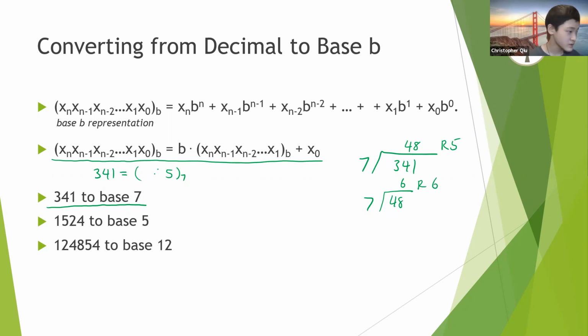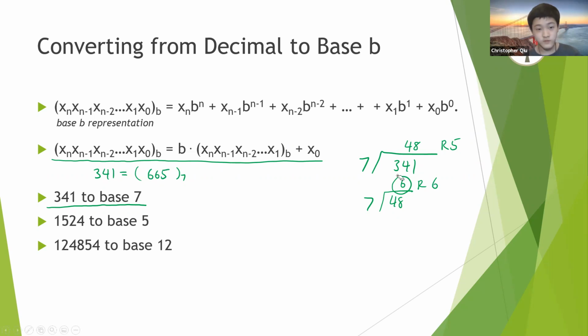So this will be the 7s digit. And lastly, we see that we have a 6 as the quotient, and 6 is less than 7. So we directly put this as our first digit. So we'll end up with the number 665 in base 7.